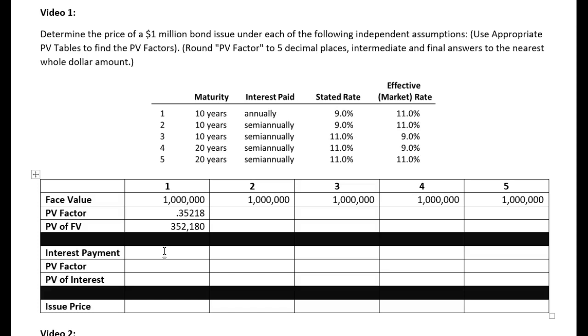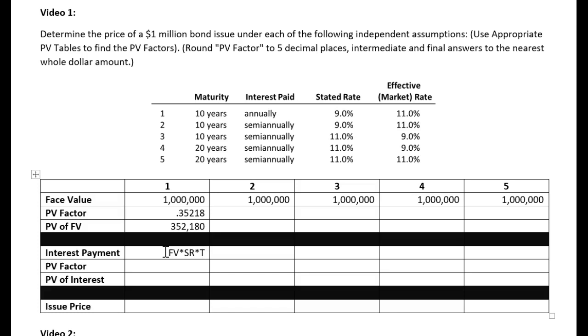Now the next thing is to find the interest payment. Really quick, to find the interest payment on a bond, you take the face value of the bond times the stated rate times time. That's our first formula we need to do. So on this bond, remember the face value is 1 million. You multiply that 1 million by the stated rate.